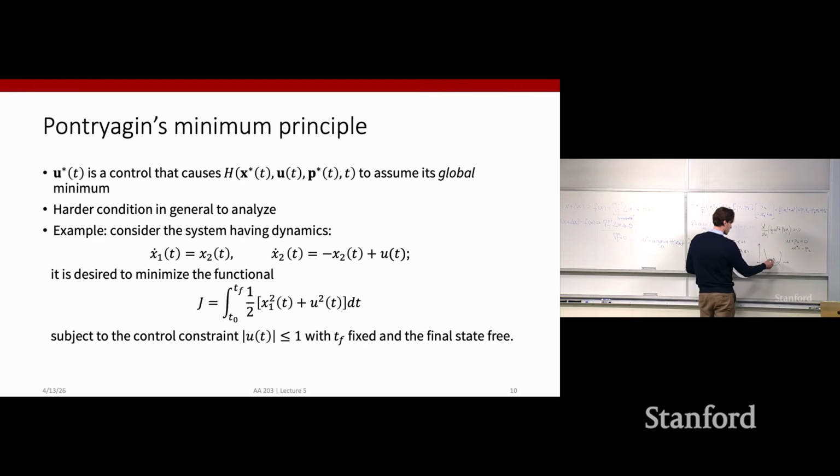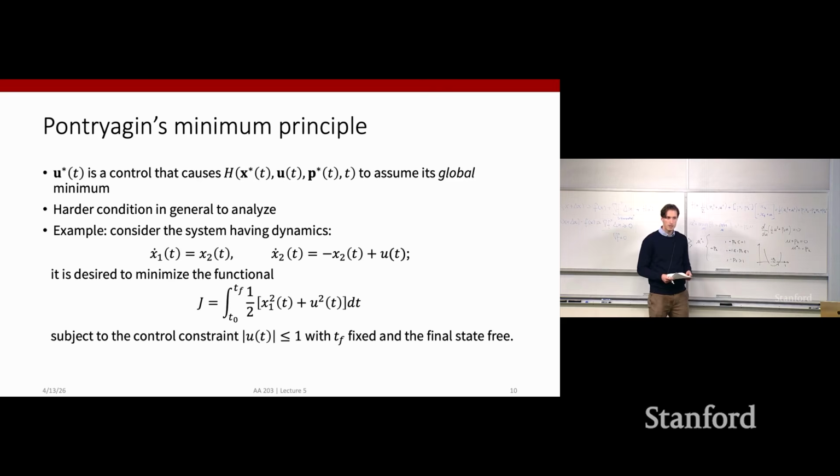Now say that negative P2 is smaller than minus 1. So we are in a situation where this is negative. Say that 1, 1 is here. What will be the optimum in this case? The optimal U in this case?